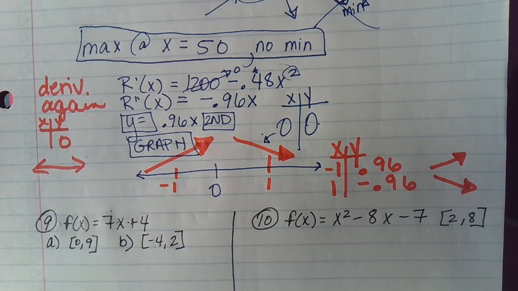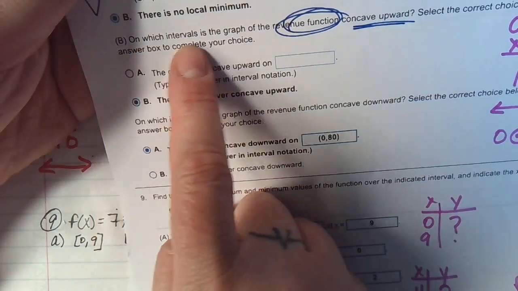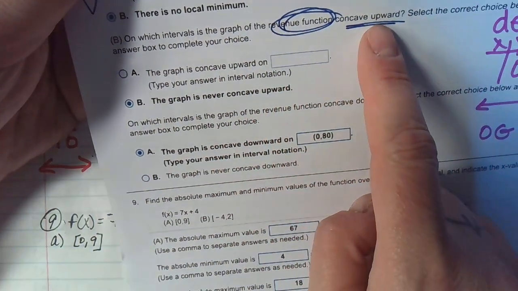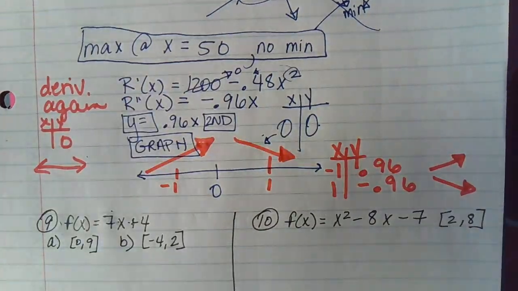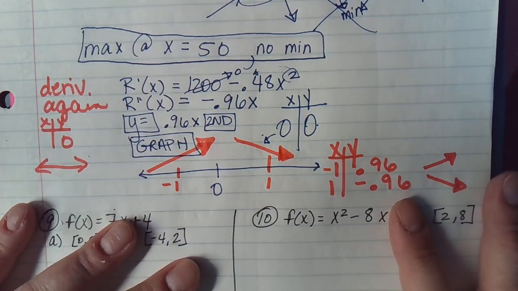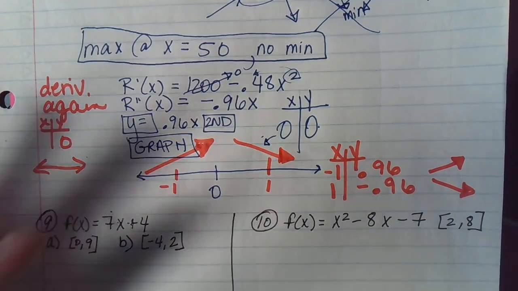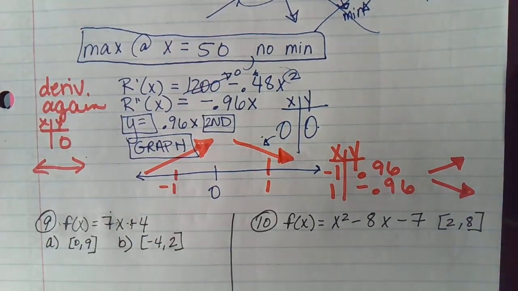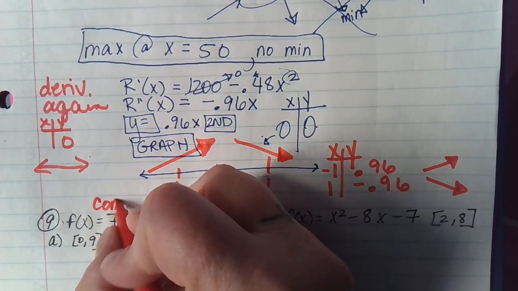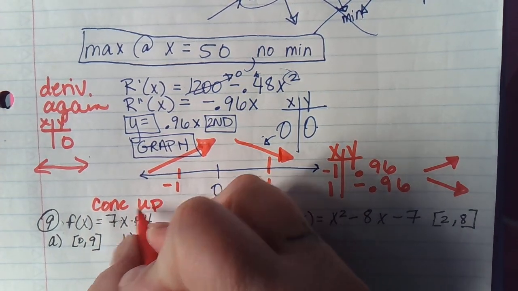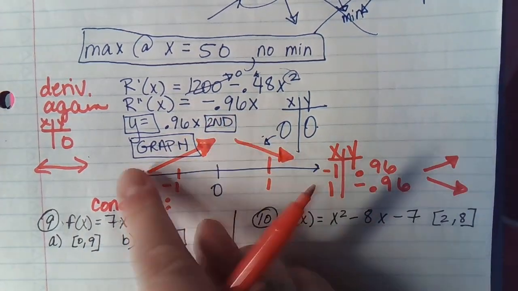Okay, the question was, where are we concave up? Okay, well, concave up comes from the up arrow, which is right here.